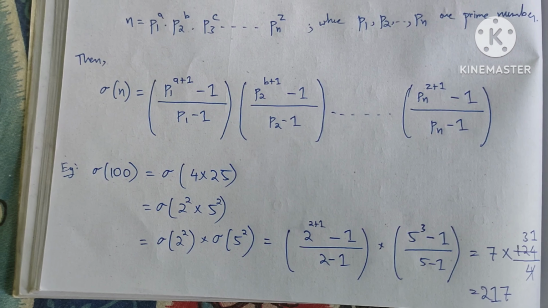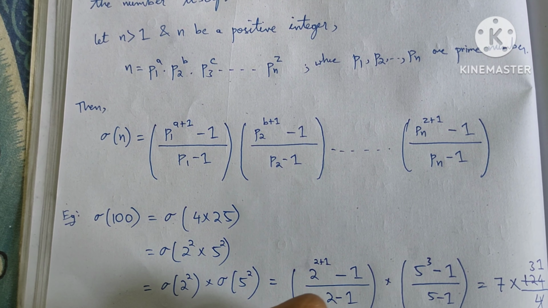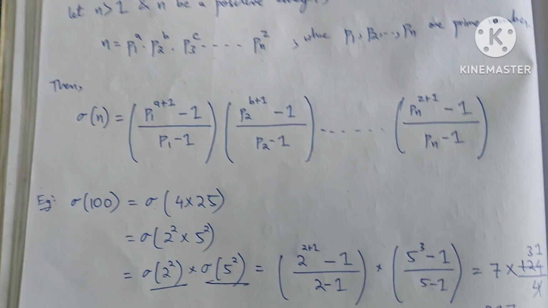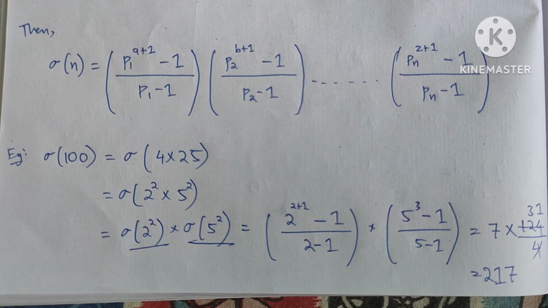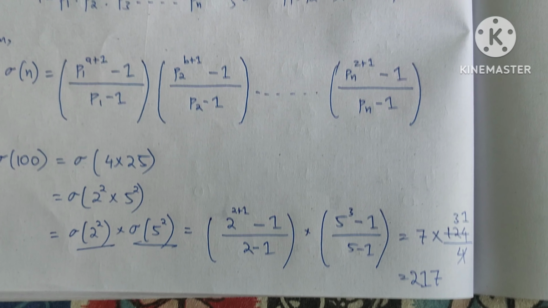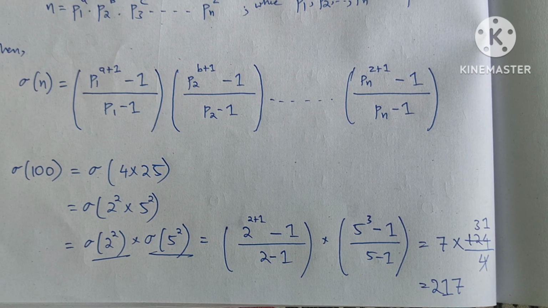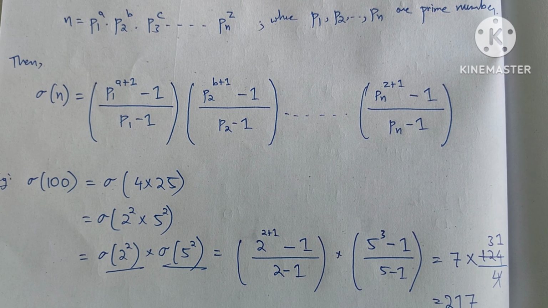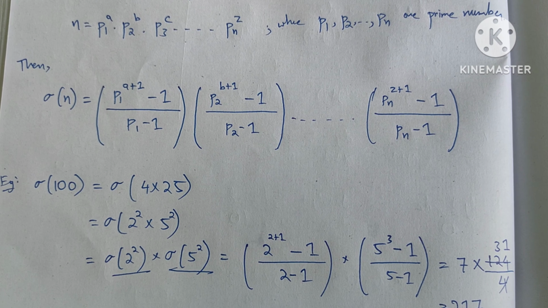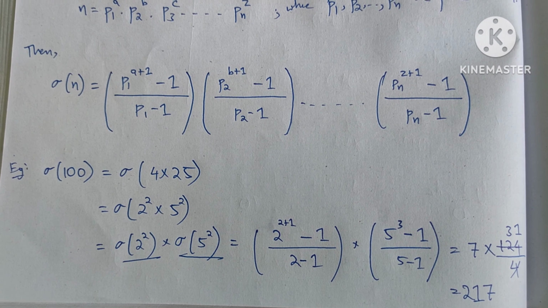As it has powers more than 1, that is 2 square and 5 square, these two have power more than 1. So accordingly we put the values in the formula and we get the answer. Therefore sigma 100, that is the sum of positive divisors of 100, is 270.